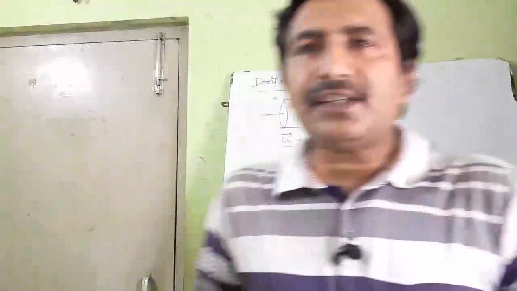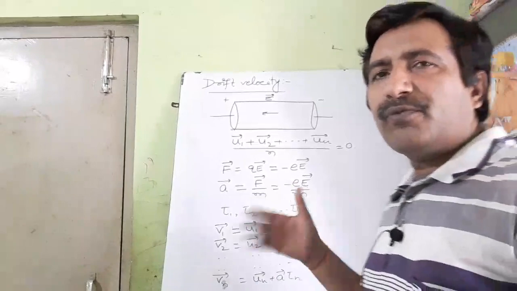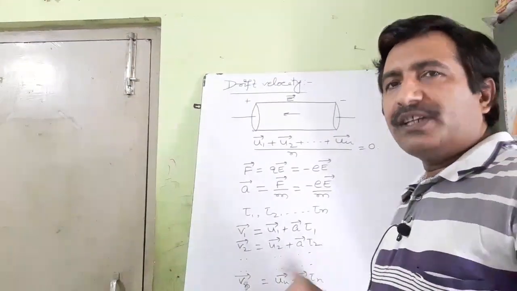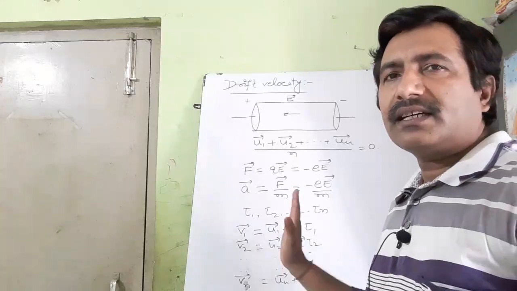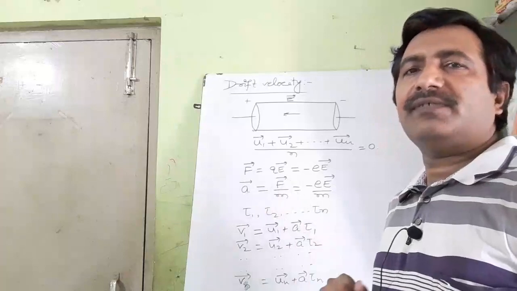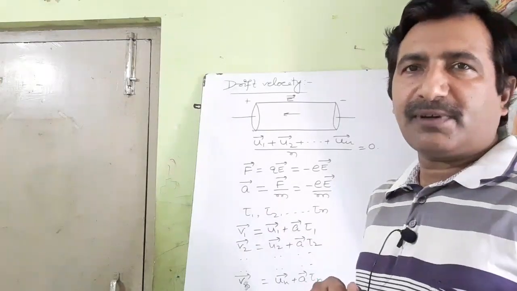You see, v1, v2, vn are the velocities of free electrons with which they collide.